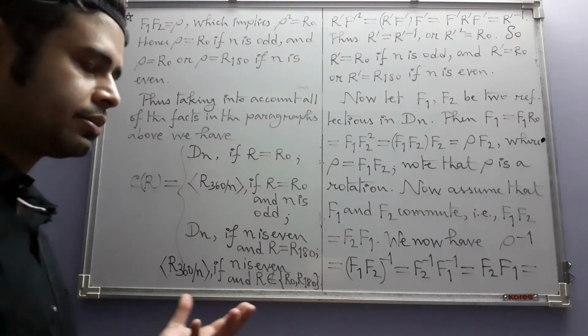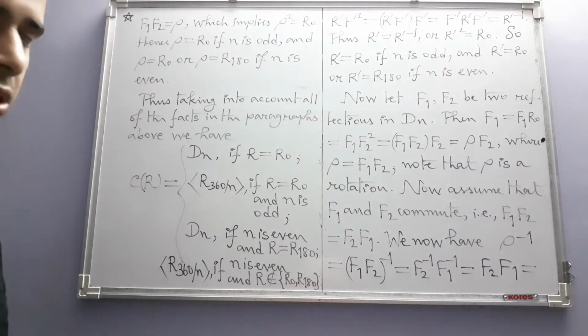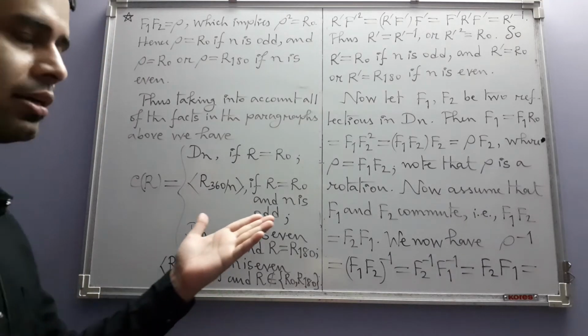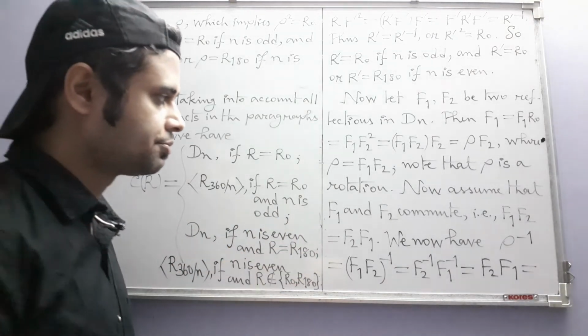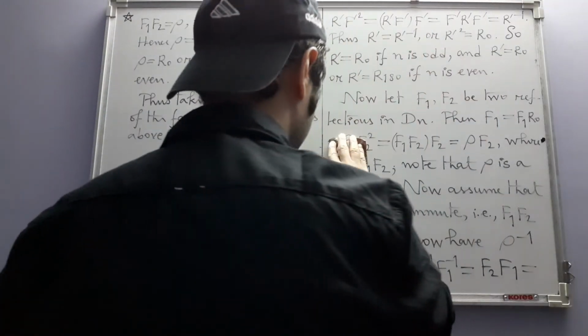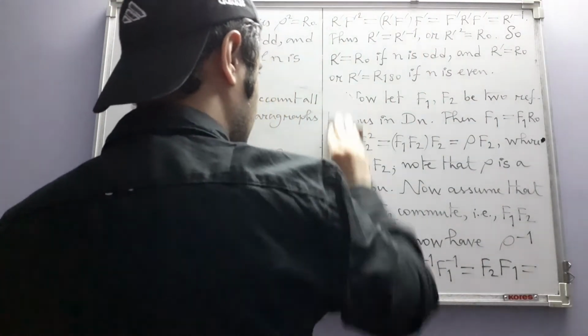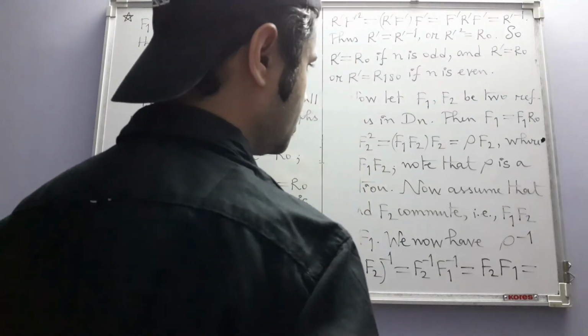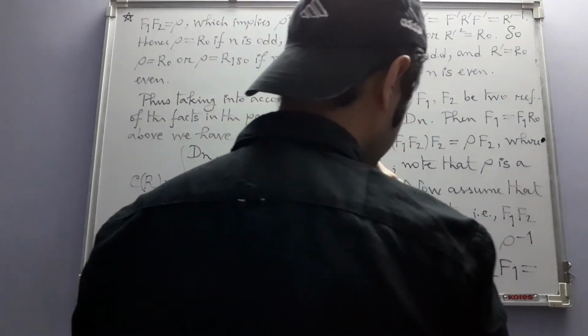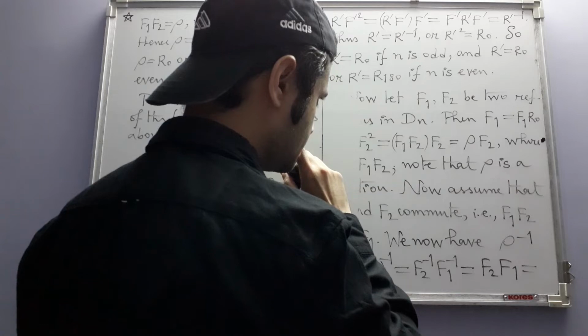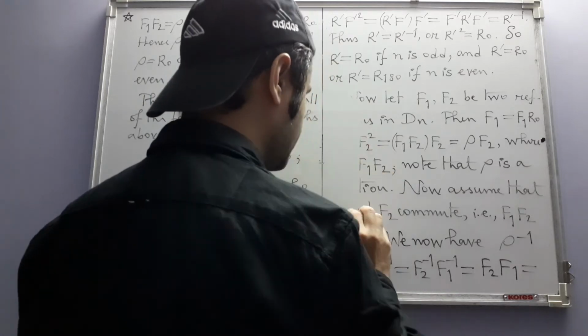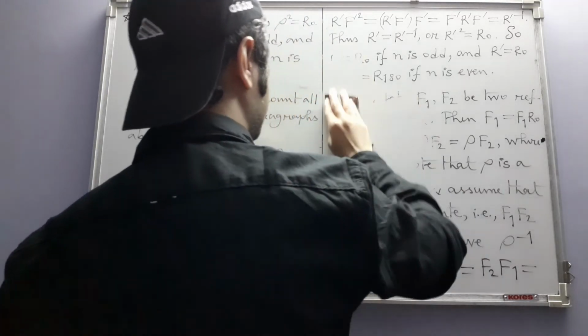So this is the centralizer of R in all the possible cases. Like that, we are now going to write the centralizer of F. But before we, let me write, you will understand.